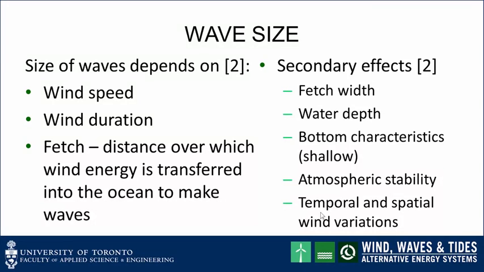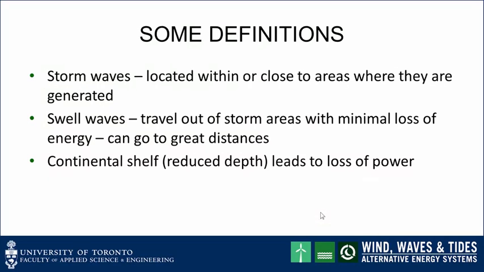That influences the interaction between the wind and the waves. And finally, in the wind field, which is acting on the water, any temporal and spatial wind variations will also have an effect. So lots of things influence the wave size, but the three on the left are the primary factors.